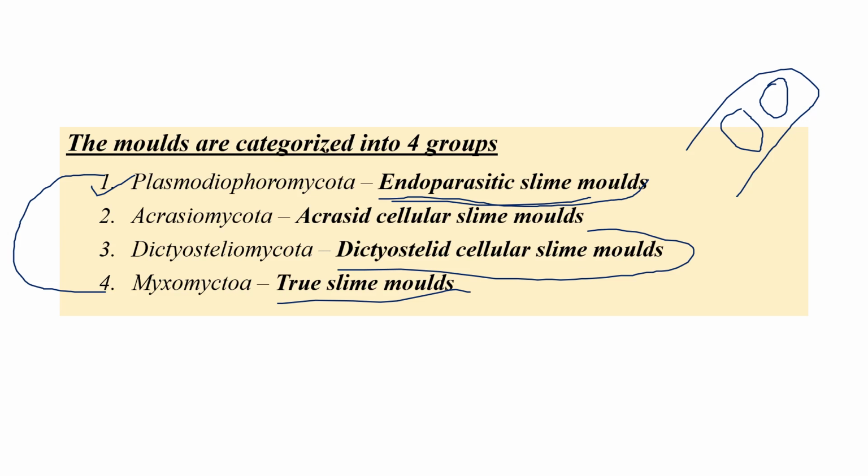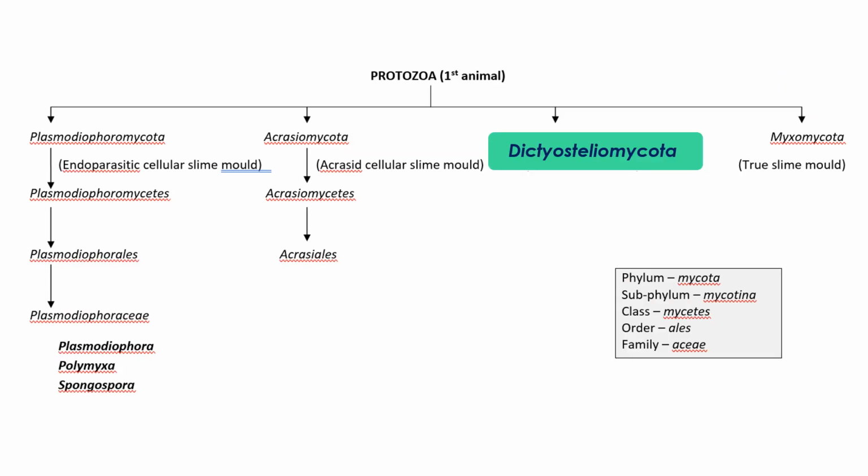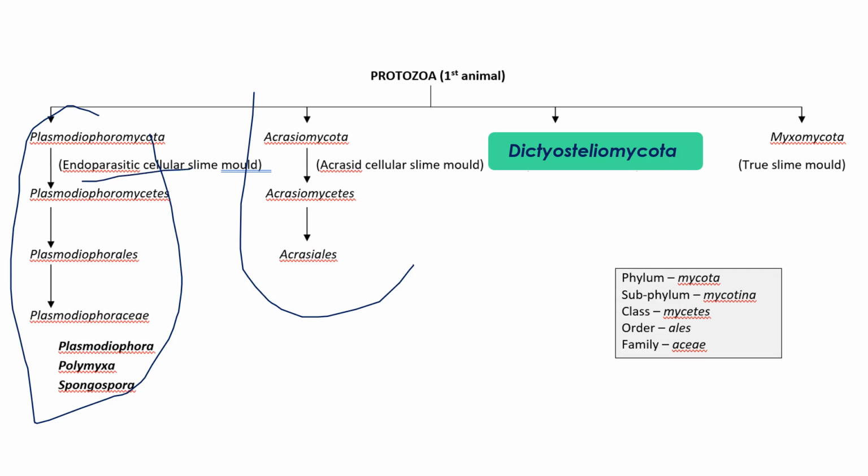Myxomycota is asked very rarely, but we're going to see every single phylum in detail: Plasmodiophoromycota, Acrasiomycota, Dictyosteliomycota, and Myxomycota. So this is the general classification: Plasmodiophoromycota, endoparasitic slime molds; Acrasiomycota, acrasid cellular slime molds; Dictyosteliomycota; and Myxomycota, true slime molds.